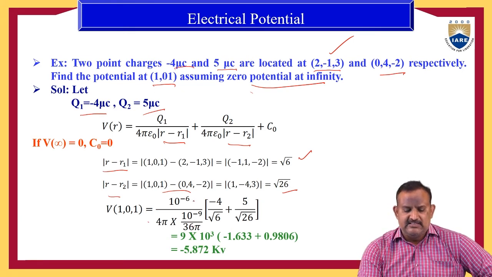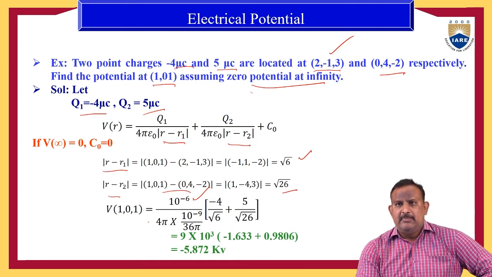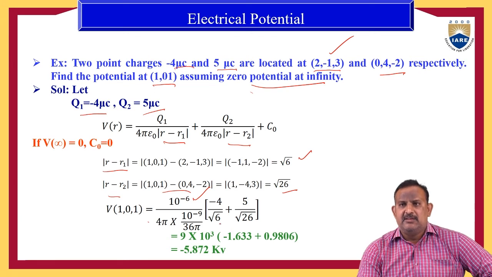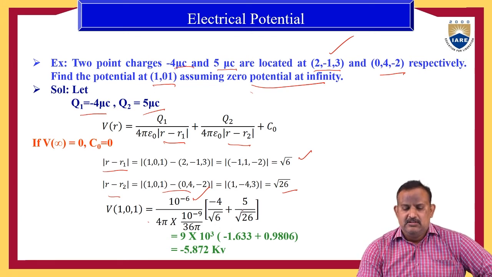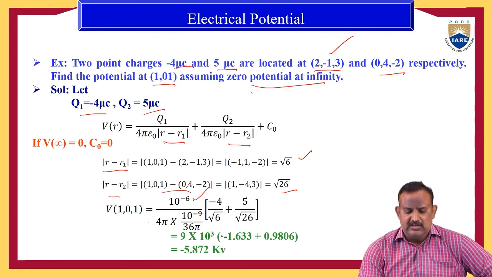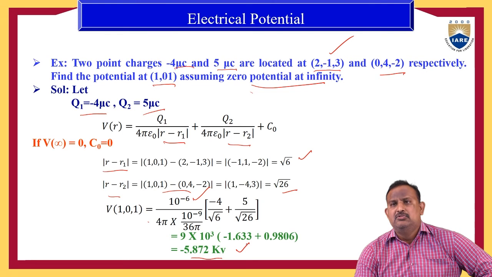It is 10 power minus 6 by 4 pi into 10 power minus 9 by 36 pi, in place of epsilon naught, into minus 4 by root 6, plus 5 microcoulombs by root 26. If you simplify the equation, we get minus 5.872 kilovolts.